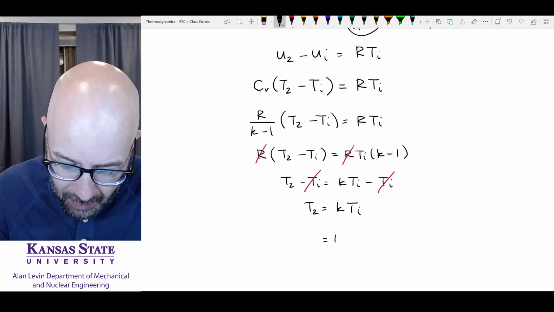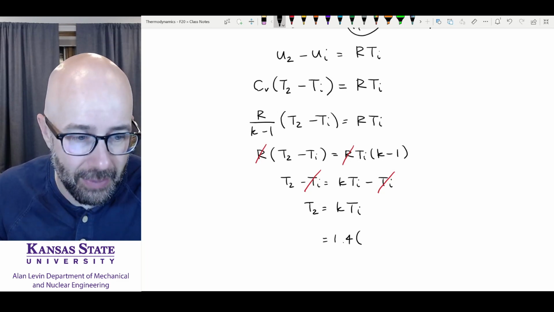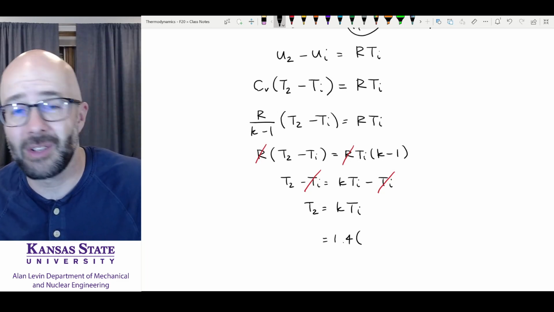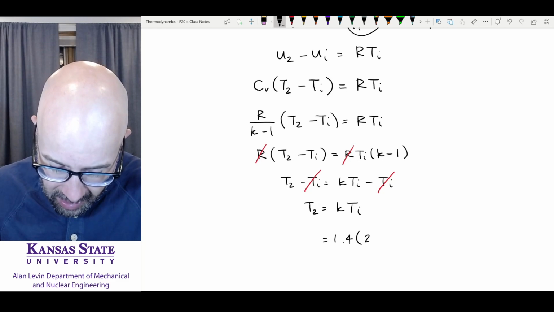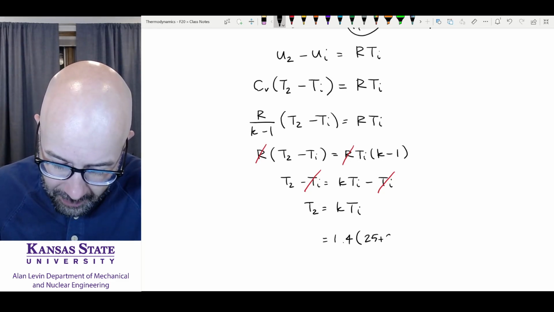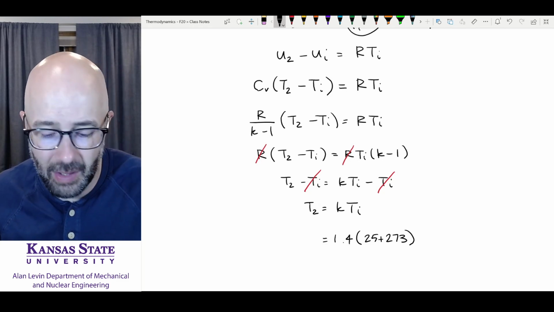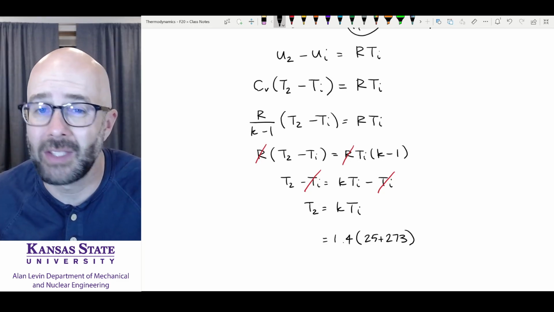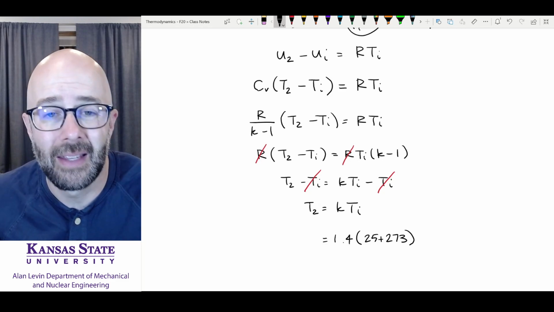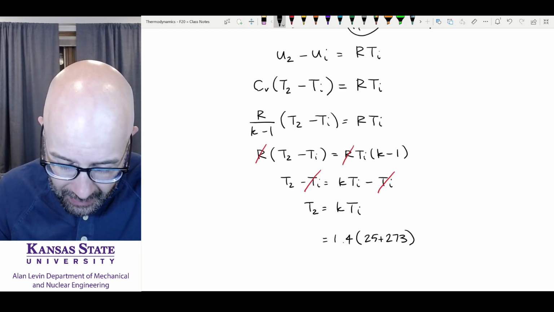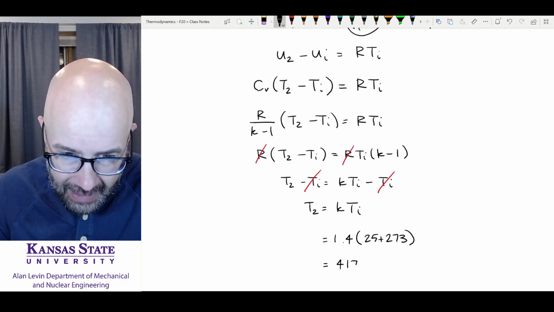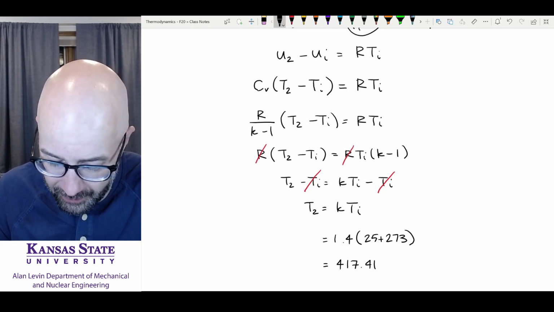Okay, so what was my K value? My K value was 1.4. What was my temperature in? It was 25 degrees Celsius, but I have to add 273 to get Kelvin, because I'm dealing with the ideal gas equation. Remember, this came from the ideal gas equation, so I have to deal with things in absolute temperatures. And that gives me 417.41 Kelvin.